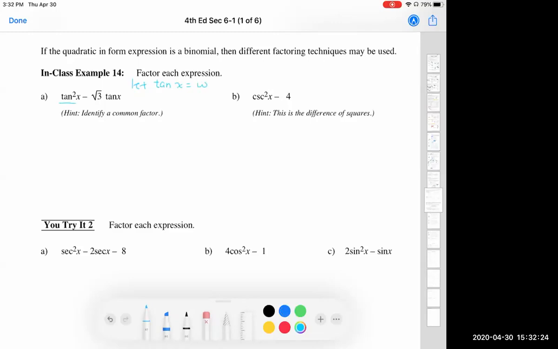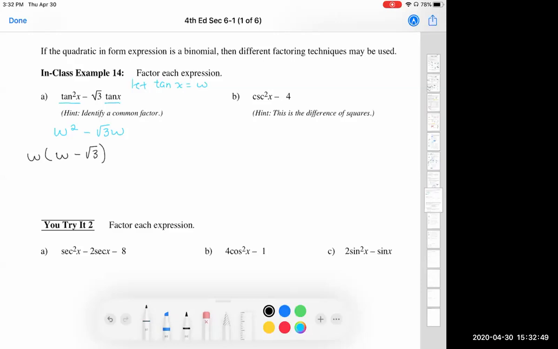So I have a tangent squared, so that'd be w squared, and I have a tangent right there. So we can replace it to be w squared minus square root of 3 times w. Would that help you factor? Yeah, we see they have a common factor of w, so I can factor w, so we're left with w minus square root of 3.